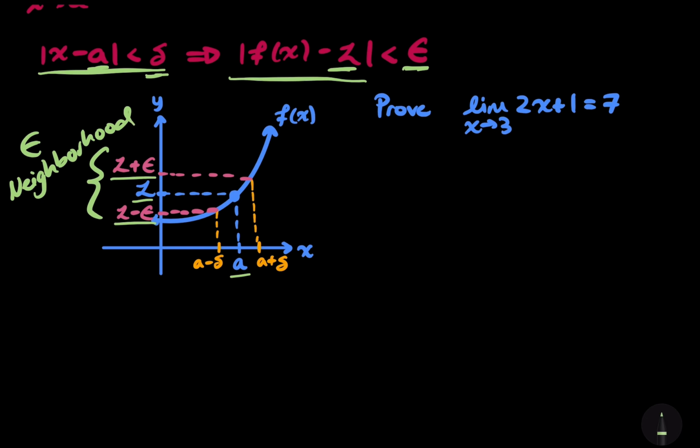So we have this epsilon neighborhood around L, and essentially what we're saying is that the limit of this function, f of x, is truly equal to L if and only if, for whatever epsilon we select, we're able to define what we call a delta neighborhood.